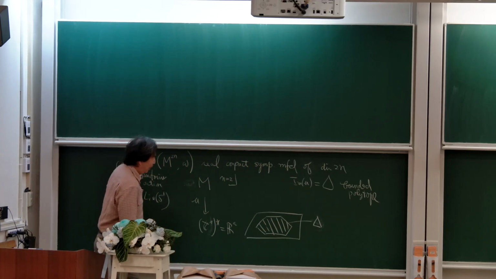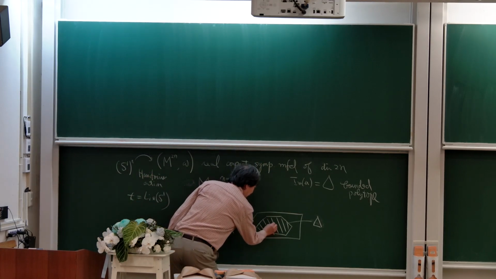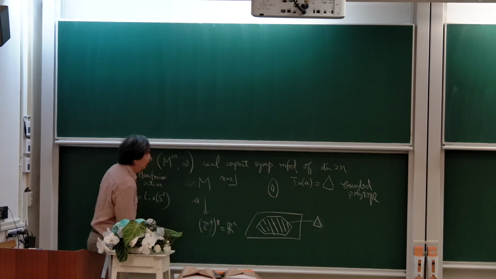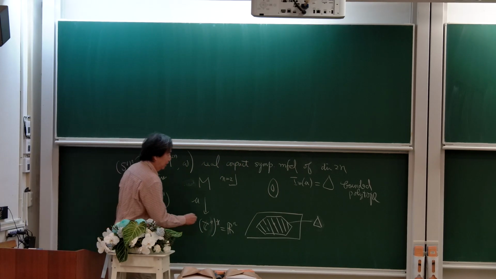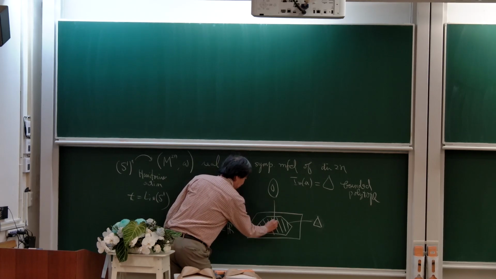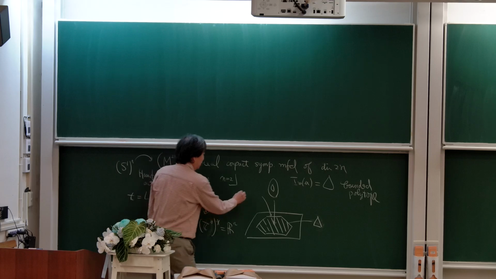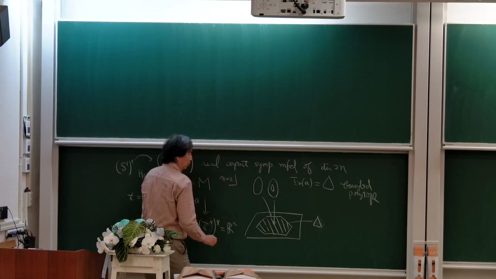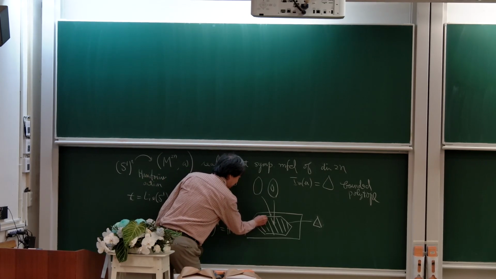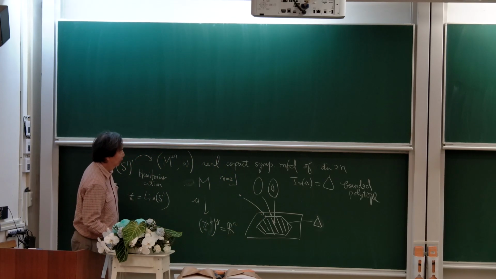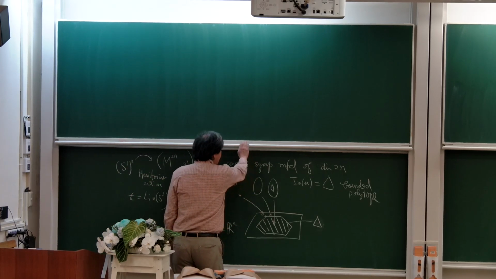And the fiber of this map, at a general point, is just an n-dimensional torus. But on the edge, it is a one-dimensional torus, and on the vertex, the fiber is just one point.